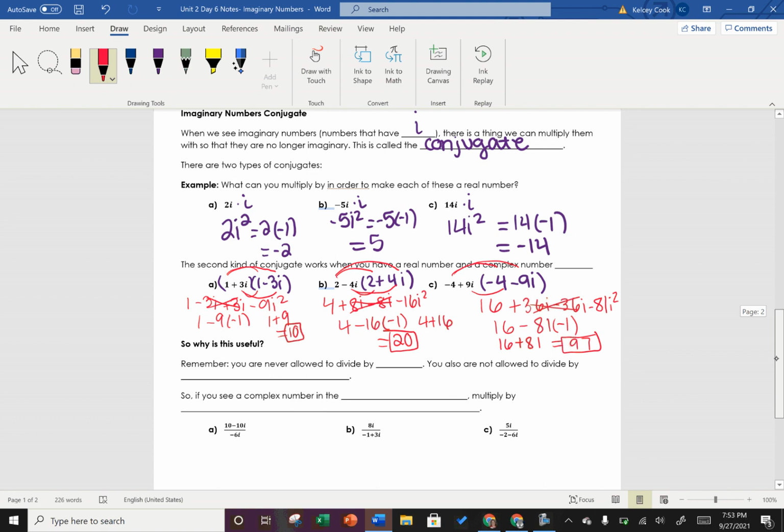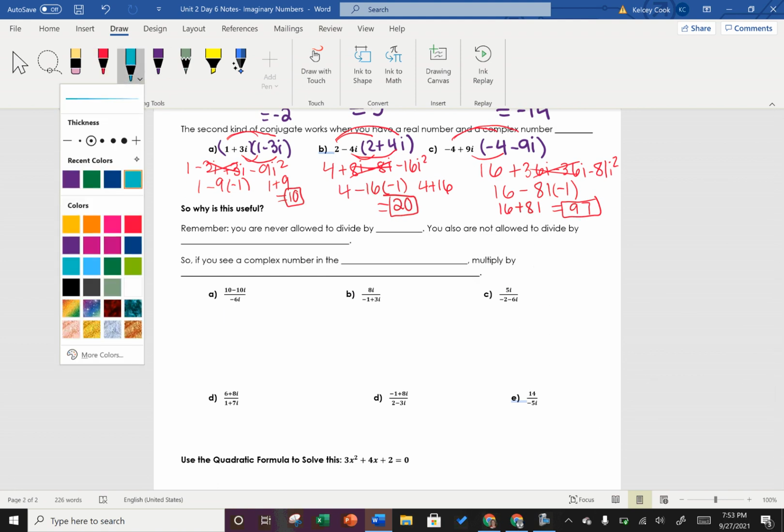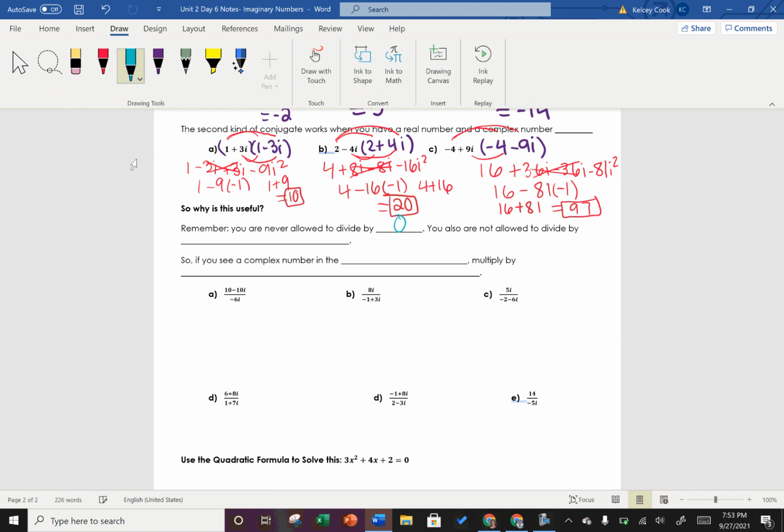So you may be wondering, why is this even useful? So remember, we are never allowed to divide by 0. We're also not allowed to divide by a complex number. And remember, when we divide by a fraction, we flip and multiply.